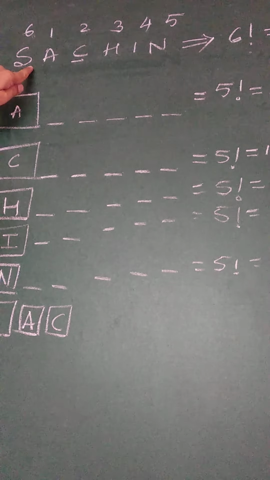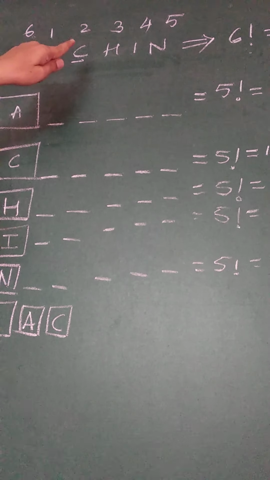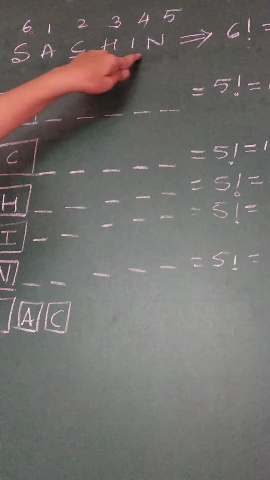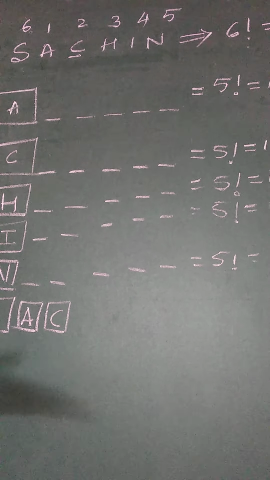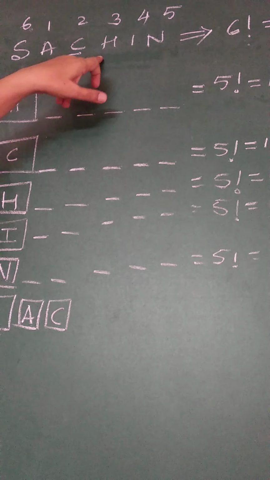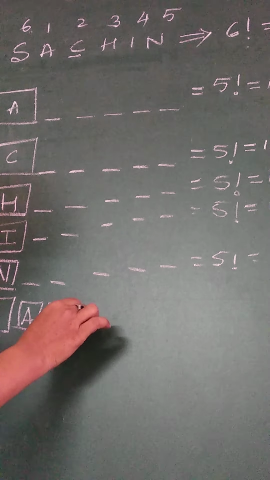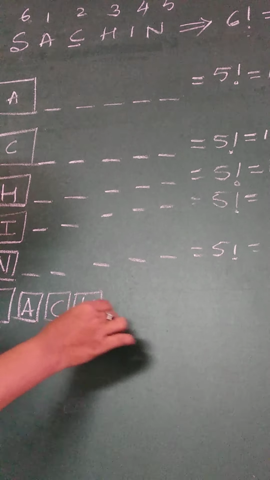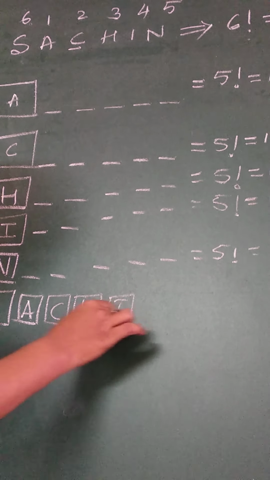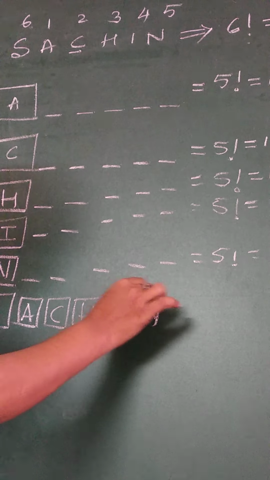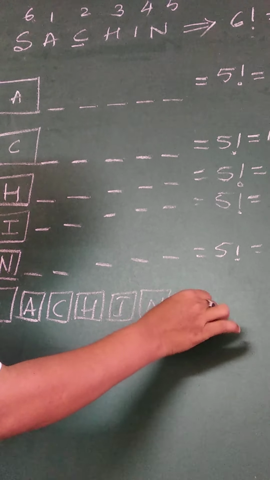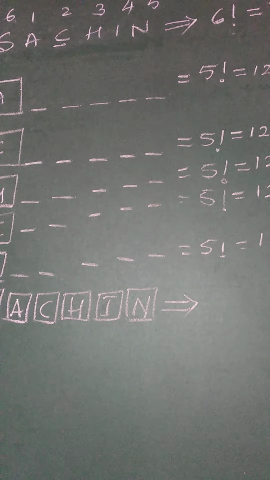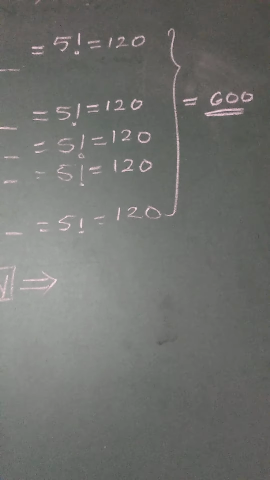After S, A and C are fixed, out of the remaining 3 letters, which letter has to come first? It is H. Similarly, after H, I has to come, and the last letter remaining is N. And this is your word Sachin, which is the very next after these 600 words.